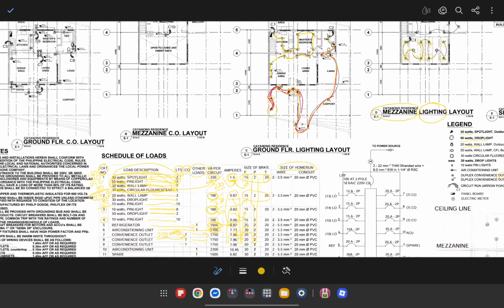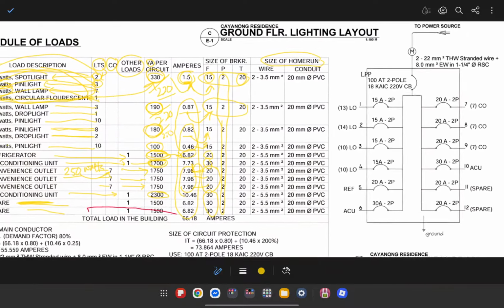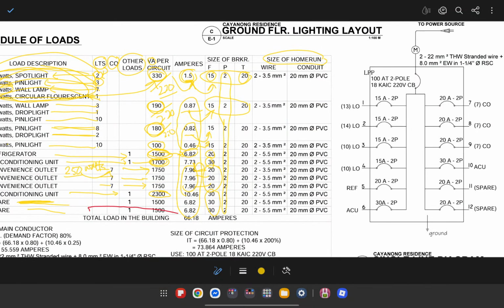That's why, if you still remember the activity from two meetings ago, I required you to draw the sizes and, of course, the capacity of each wire. So this is where you can use them.